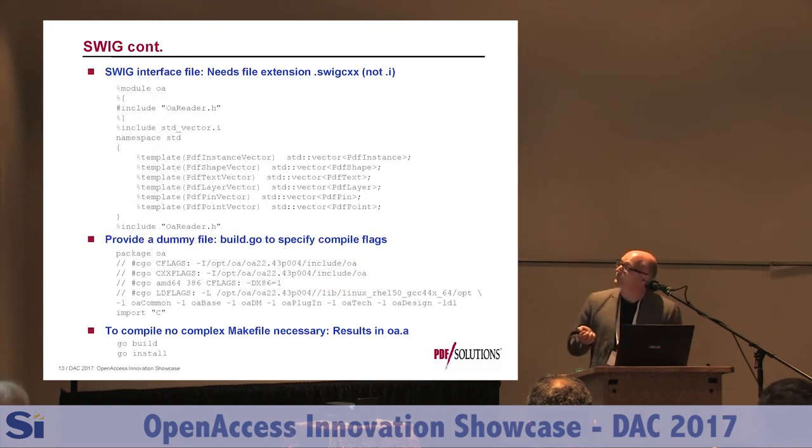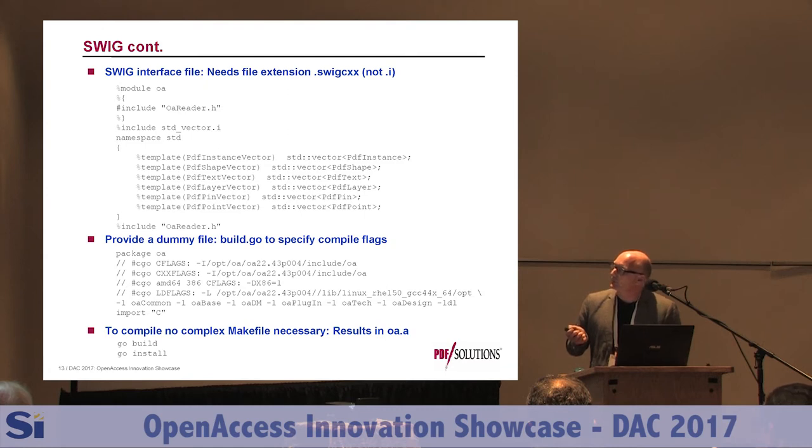Now, to make this compile, you define a so-called interface file. Here is a note: typically you call these files .i. In the case of Go, you need to call it .swigcxx. If you would use C, you call it .swigc. I'll tell you later why. The only thing you do is include your header, where you defined your classes.